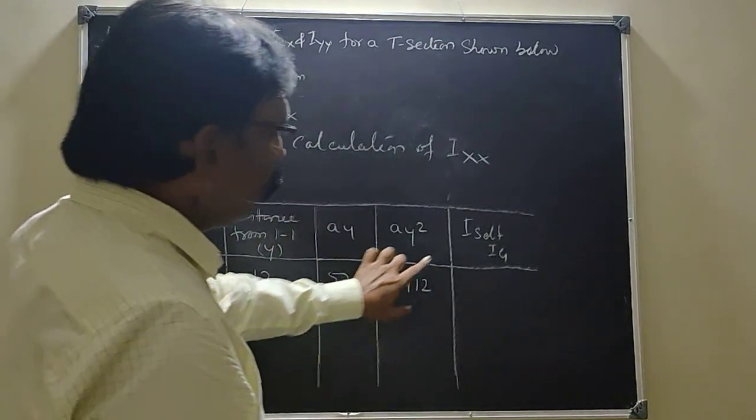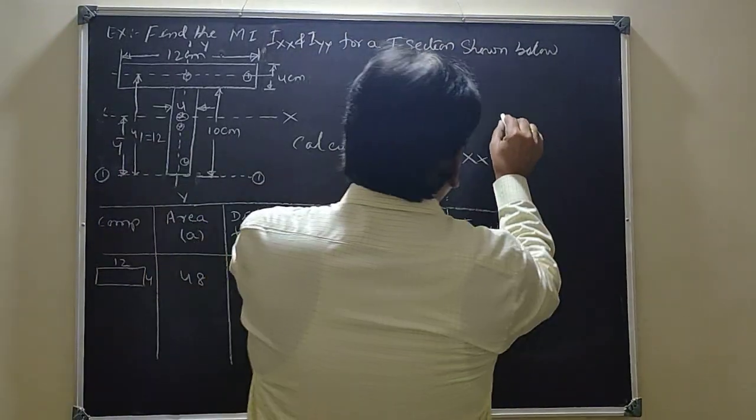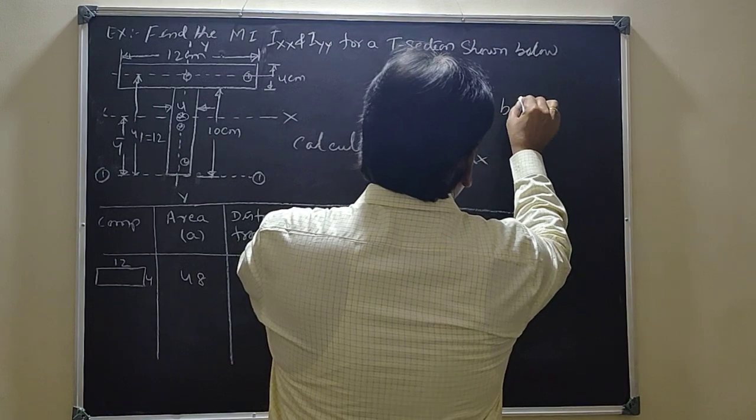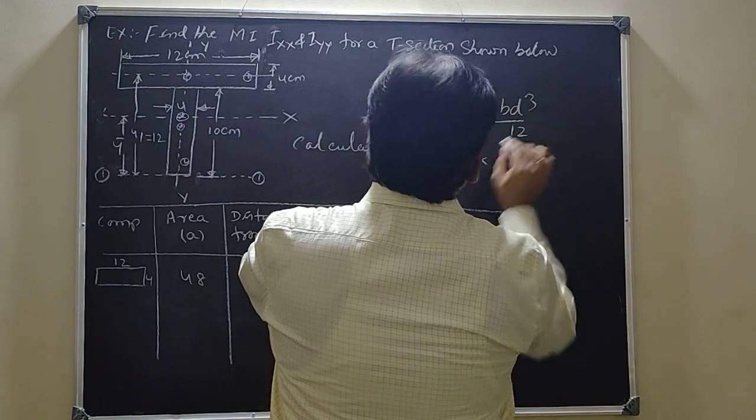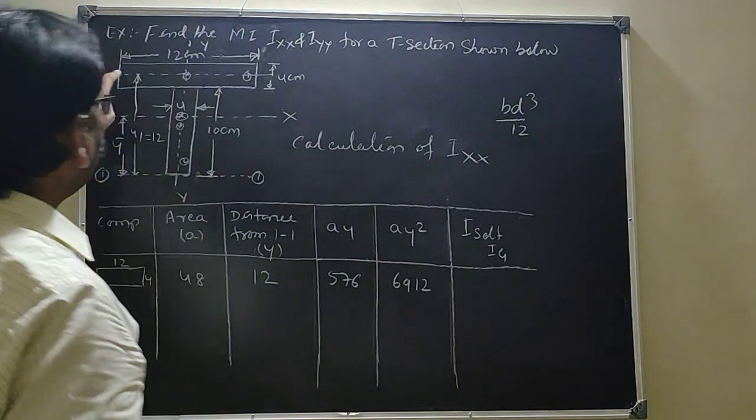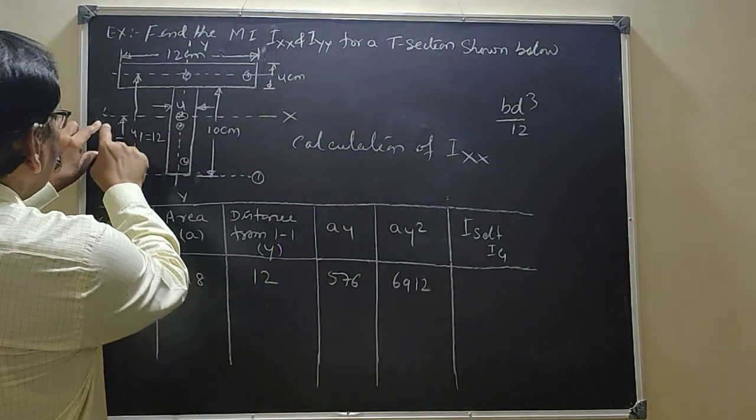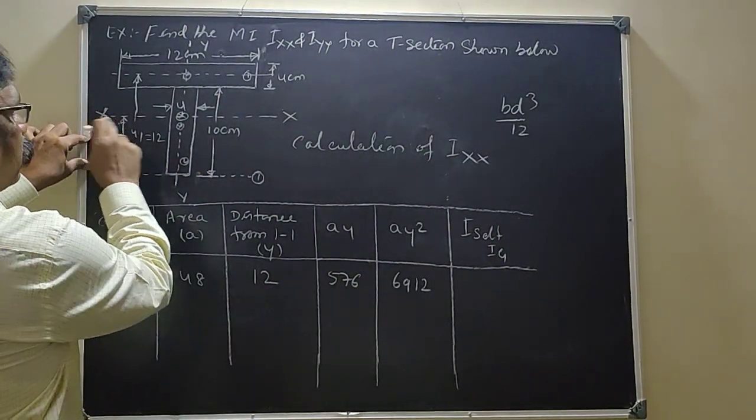As far as the I self is concerned, in general, what we got for a rectangle is BD cubed by 12. Now for this one, the reference axis is this XX.